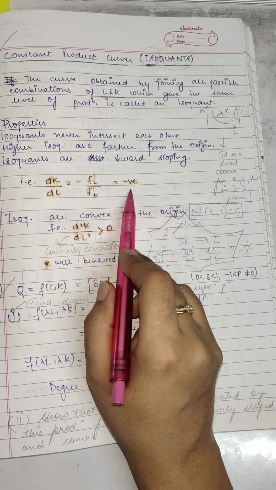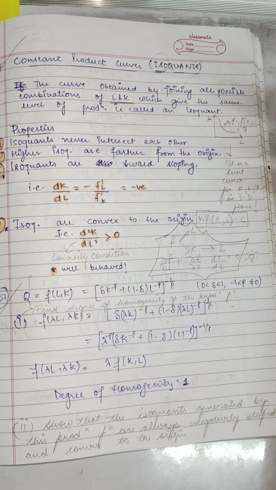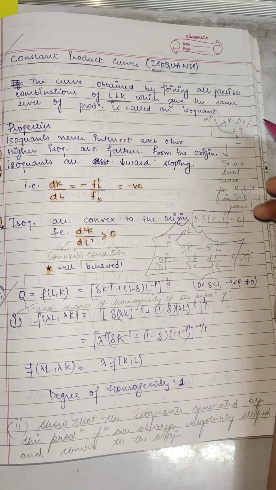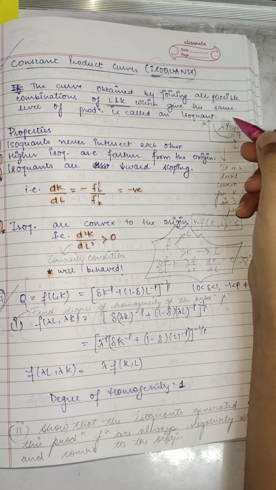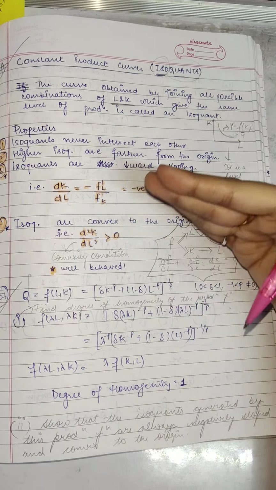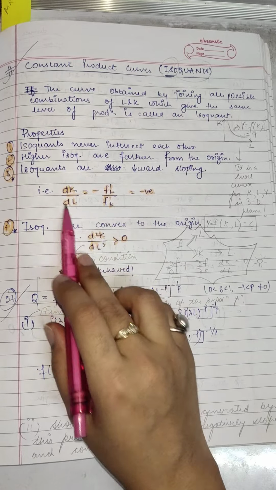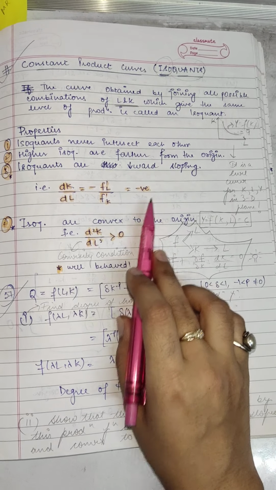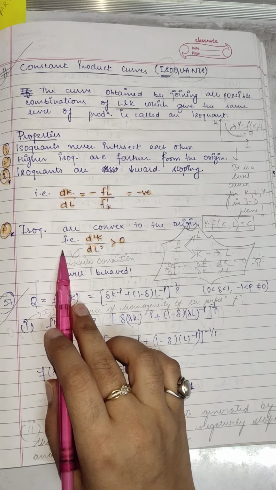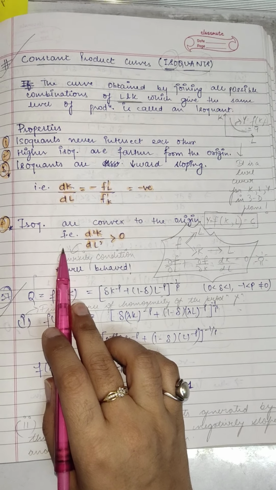Okay, so the properties are: isoquants never intersect each other. Higher isoquants are farther from the origin, and higher isoquants also indicate higher levels of output. Isoquants are downward sloping, as indicated by the negative slope. And the next condition is isoquants are convex to the origin.